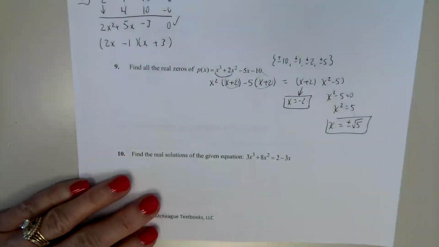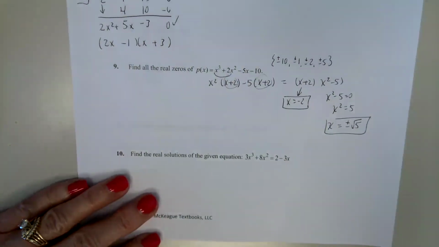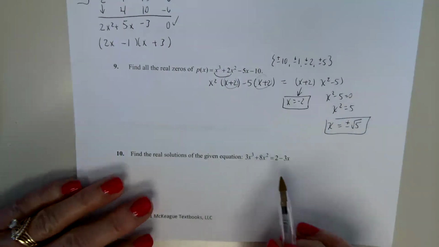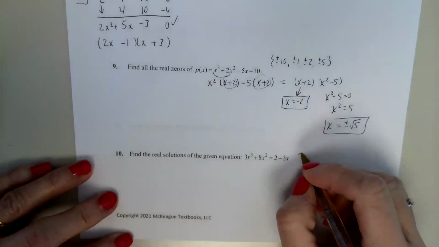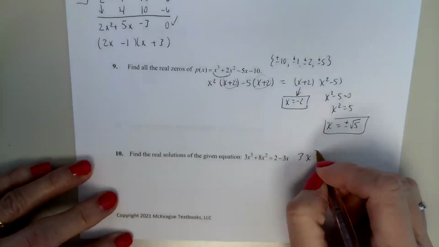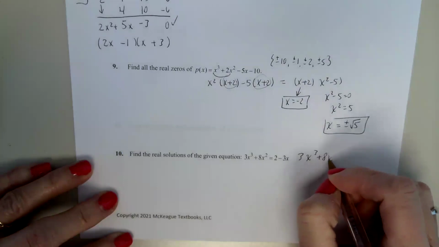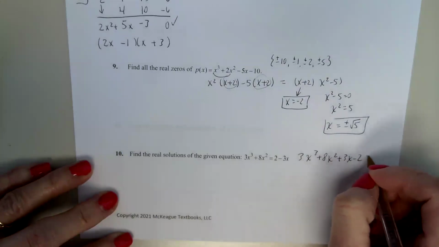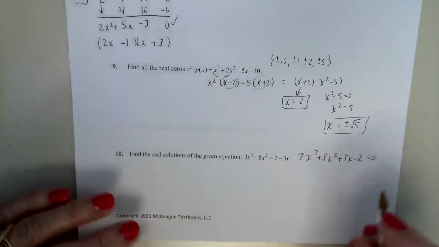So number 10 says, solve this equation. So I'm going to move everything to the left. So I have 3x cubed plus 8x squared plus 3x minus 2 equals 0.